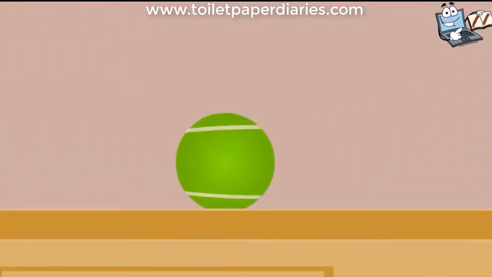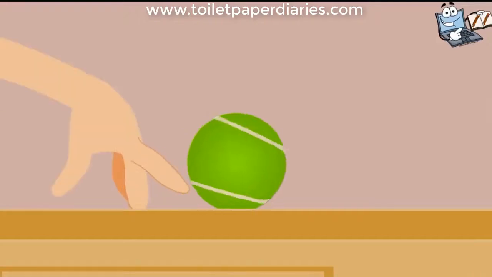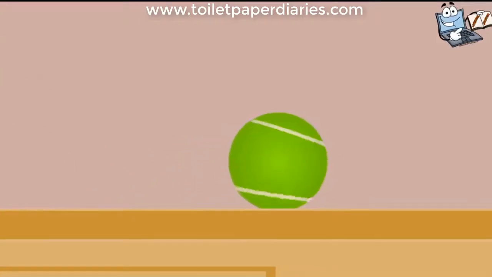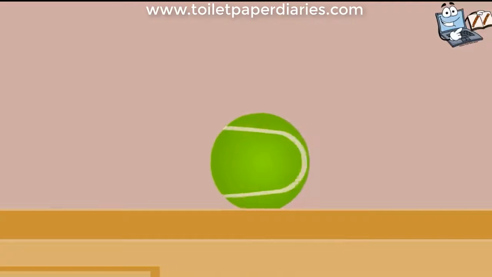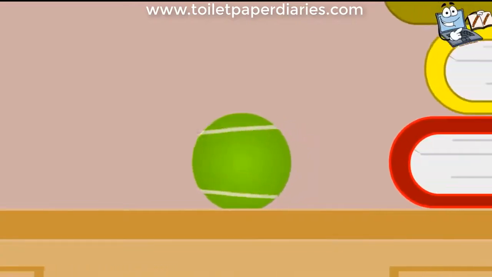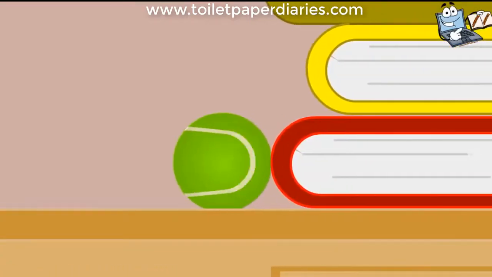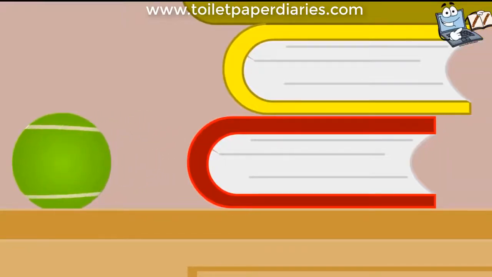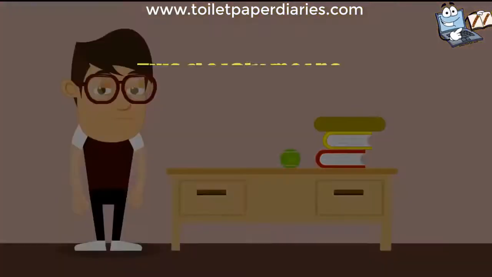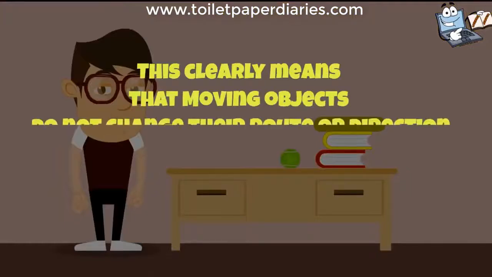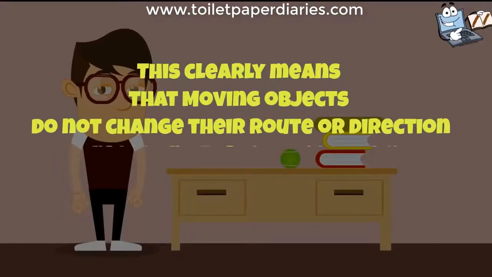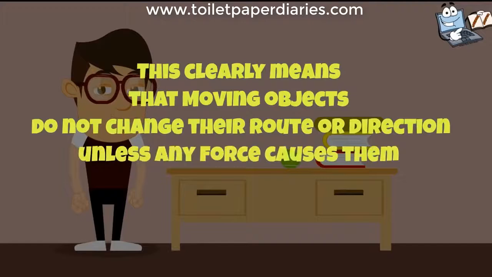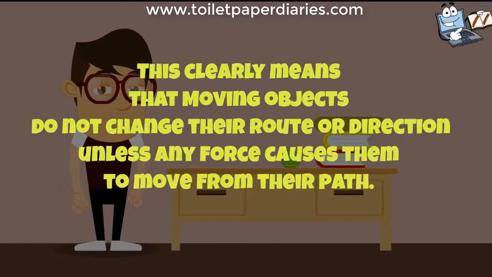It is not moving, meaning it's in the same position. When you push it with a finger, it starts rolling. See, it's not stopping. Oh, this book came in its way. It will stop now. This clearly means that moving objects do not change their route or direction unless a force causes them to move from their path.